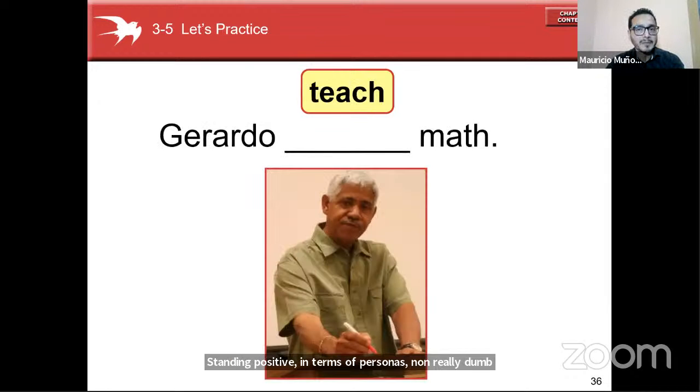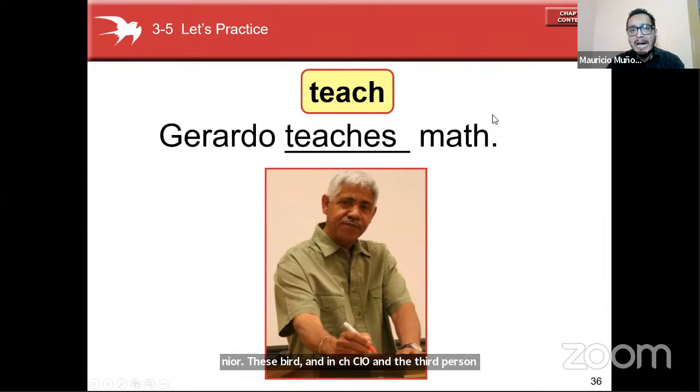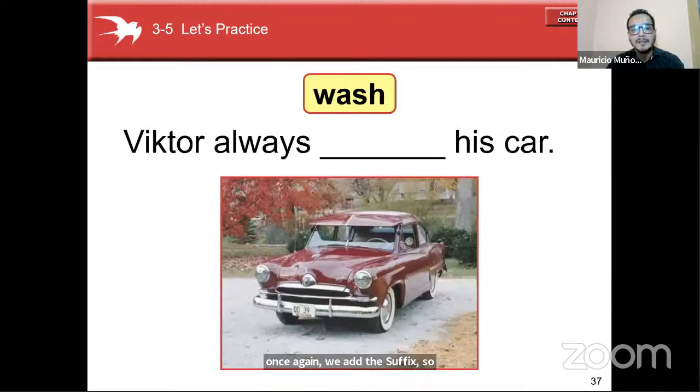Another one. Look, this verb is teach, means enseñar. This verb ends in ch. So in the third person, once again, we add the suffix es: teaches. Take a look. This is another verb. This verb ends in sh.